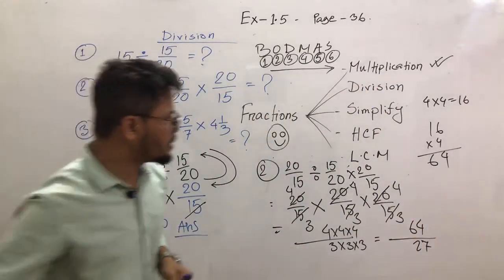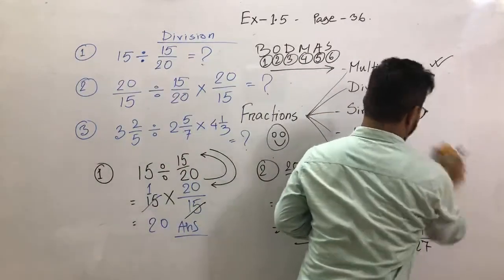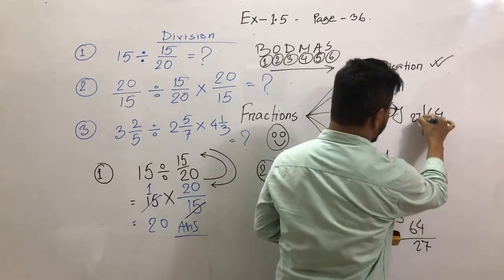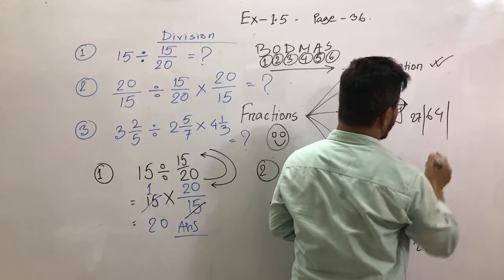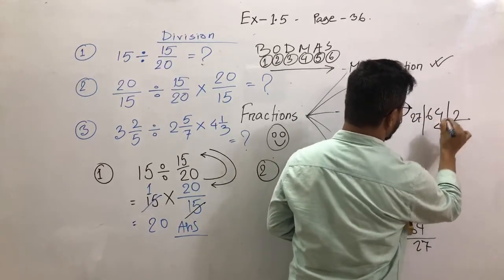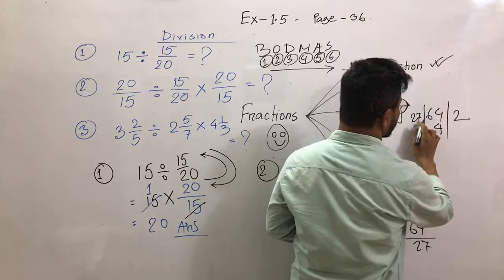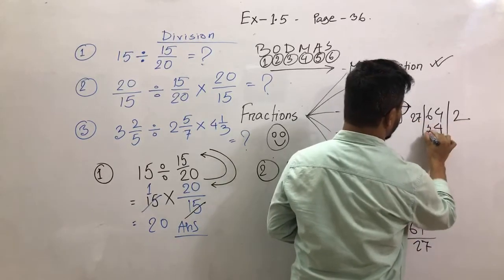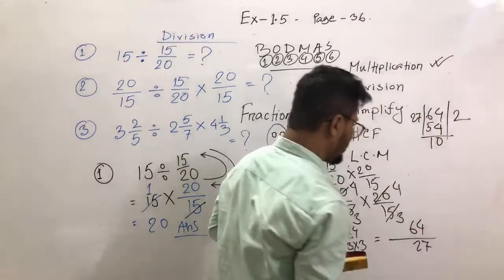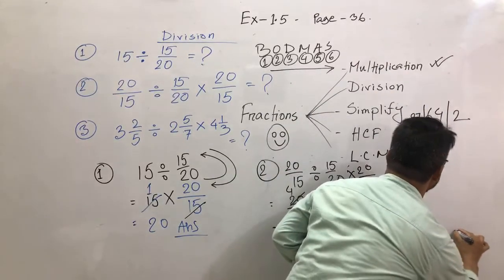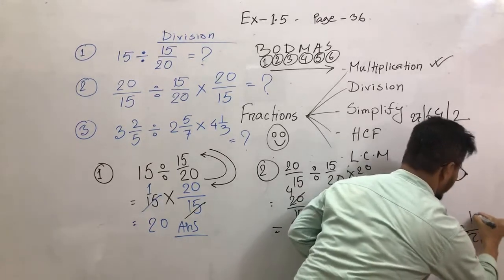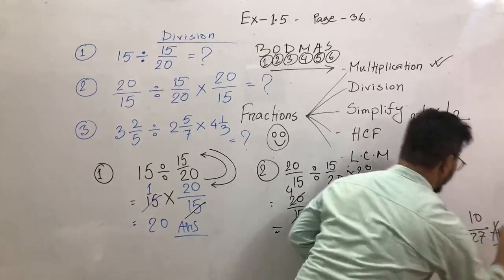If we convert 64 divided by 27, this is 2 times 27 is 54, and the remainder is 10. So my dear students, this answer will be 2 whole 10 by 27. I think maximum students you have made a mistake.